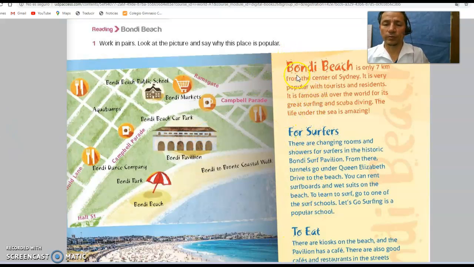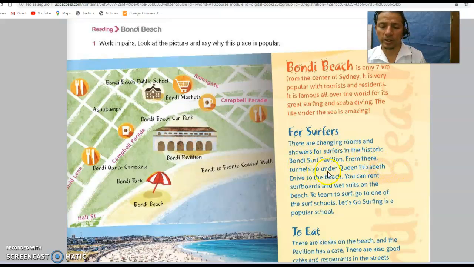One, two, three. Bondi Beach is only 7 kilometers from the center of Sydney. It is very popular with tourists and residents. It is famous all over the world for its great surfing and scuba diving. The life under the sea is amazing. For surfers, there are changing rooms and showers for surfers in the historic Bondi Surf Pavilion.